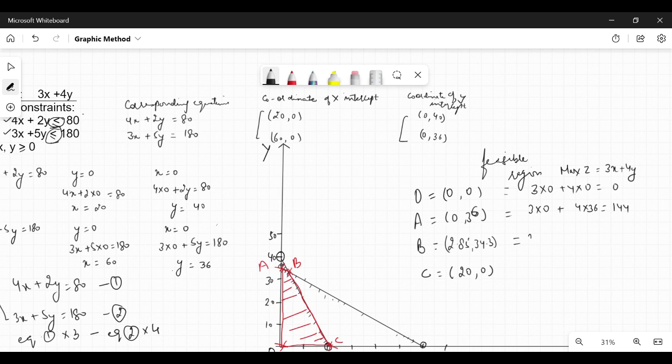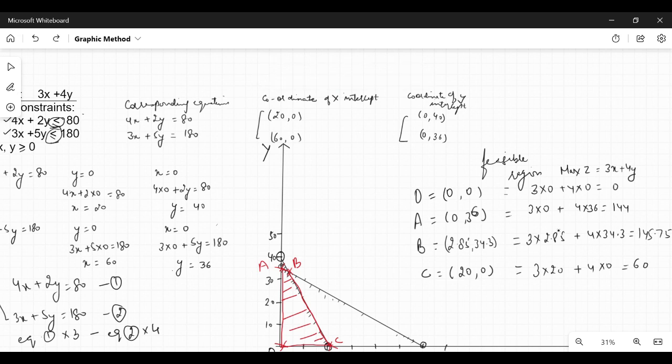In the same way, if I put 3 into 2.85 plus 4 into 34.3, this will give me the value 145.75. And the last is 3 into 20 plus 4 into 0. This will give me the value of 60.